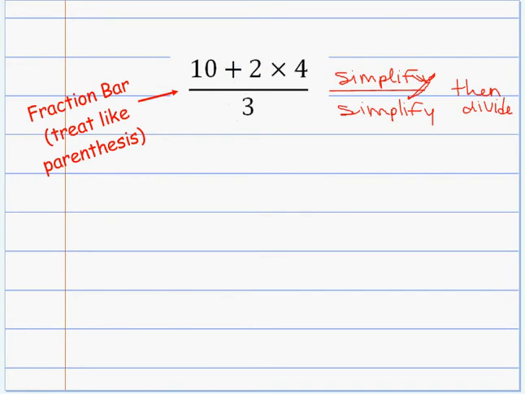Let me switch colors here. I'll go to blue. But we would do this part first because that's multiplication. So we'd have 10 plus 8, and then that's all there is left to simplify, so we'd have 18. So our simplified numerator is 18 and our denominator was 3, and 18 divided by 3 is 6.